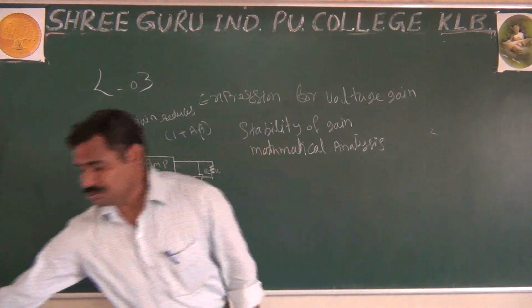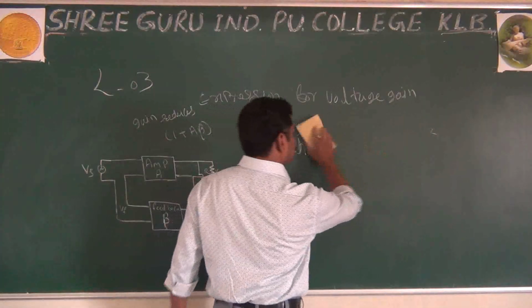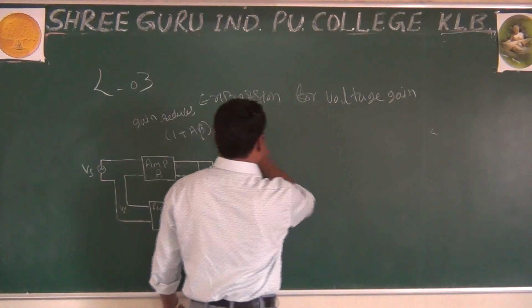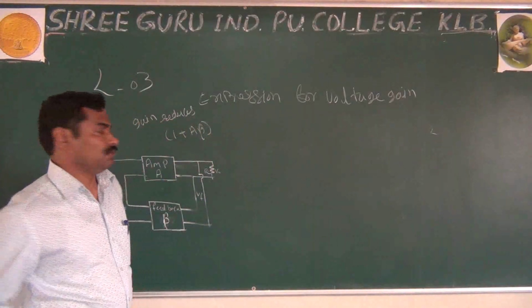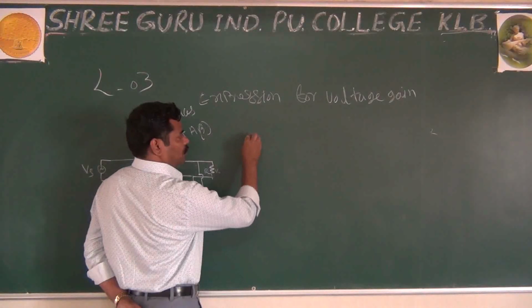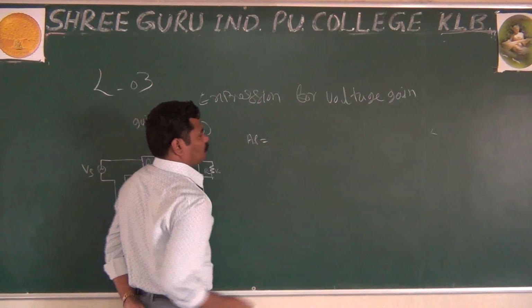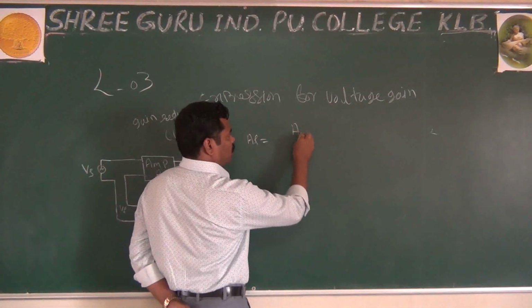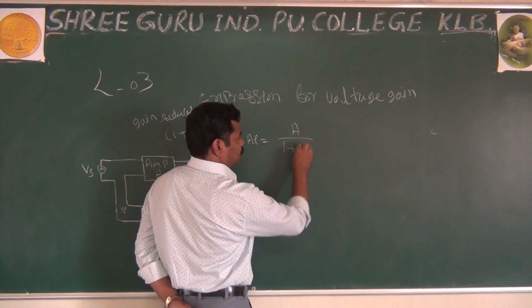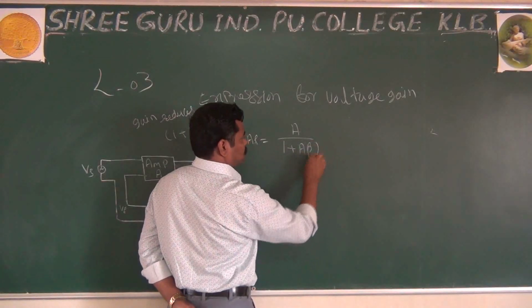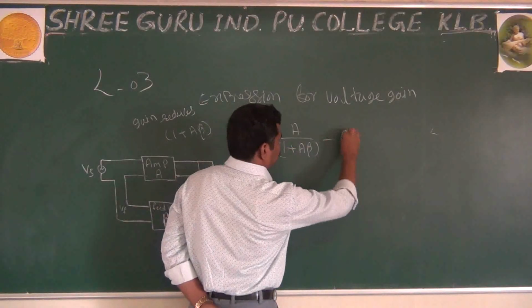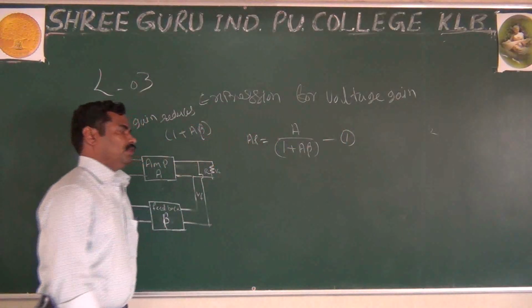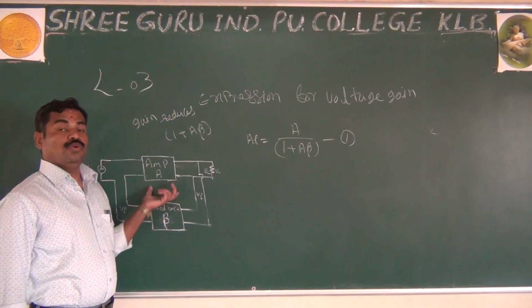For that, once again use the same equation, as we know, AF equal to A divided by 1 plus A beta. Use the same equation number 1, because you are considering the voltage gain.